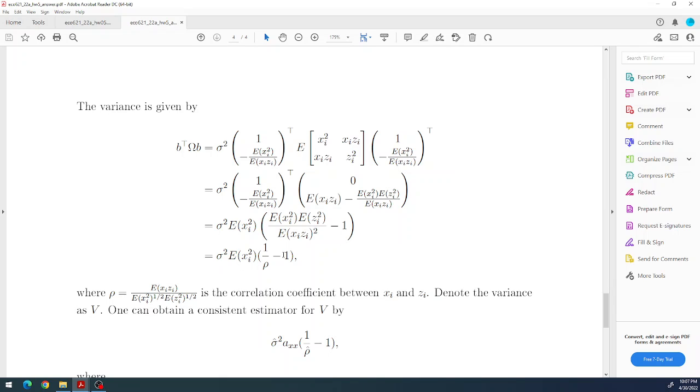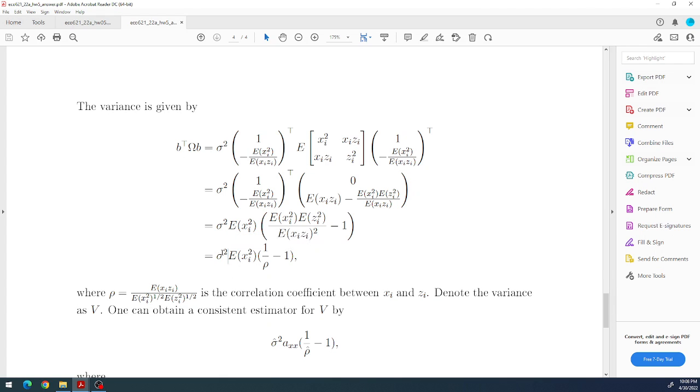And I may simplify this using the correlation coefficient between x and z, right? I forgot, this is a typo. It should be squared. So if you define it this way, you have to put a square here and of course a square here. Not a big problem, but anyhow, it can be simplified, and you know how to estimate that.